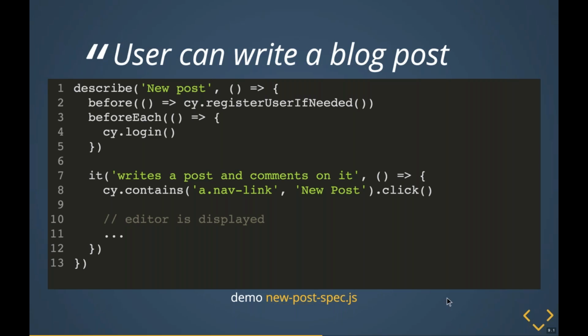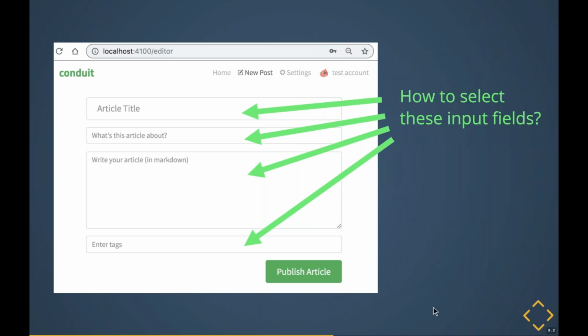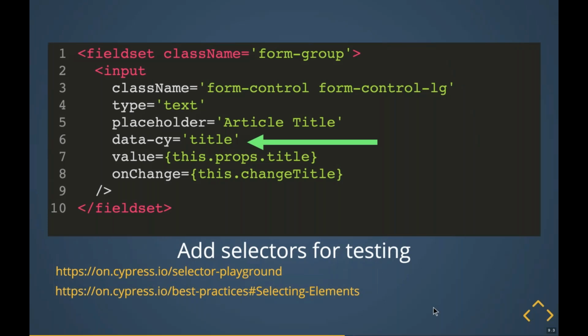So our test, before all tests, registers a user and calls login. Now we're visiting the page and we're already logged in. And now we can start writing just like a real user. A piece of advice: when you have multiple form inputs and you have to select them, don't try to use CSS selectors or IDs.